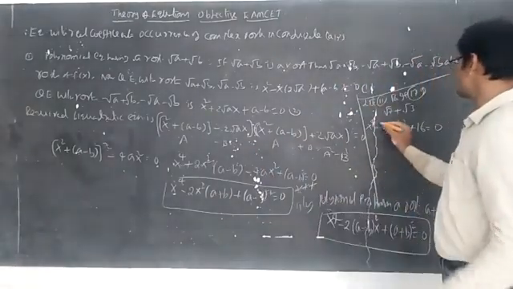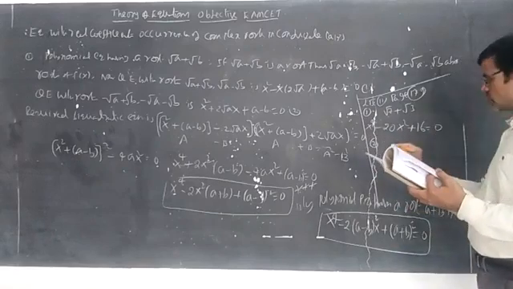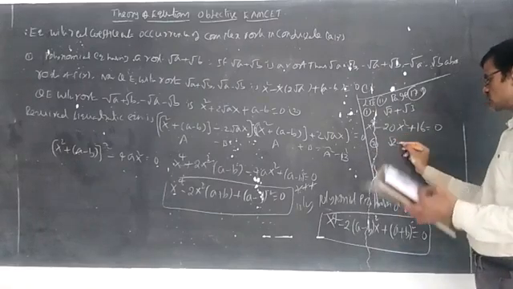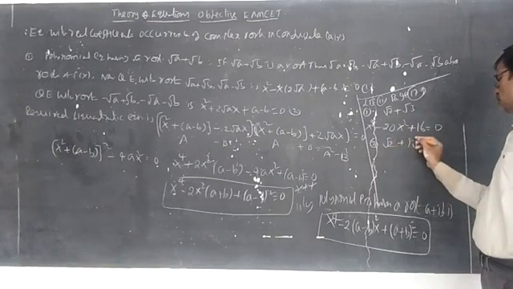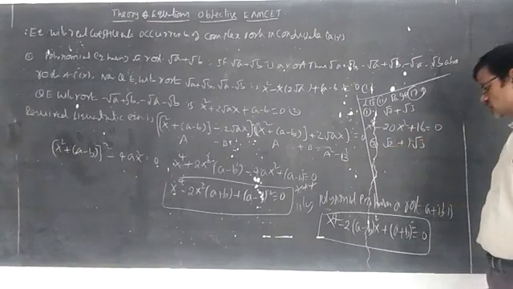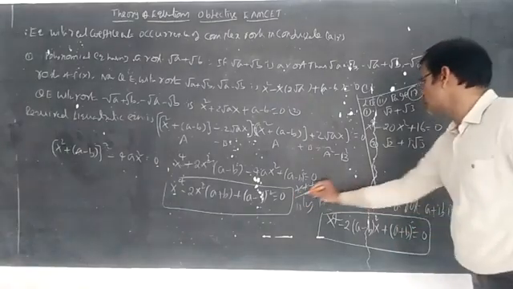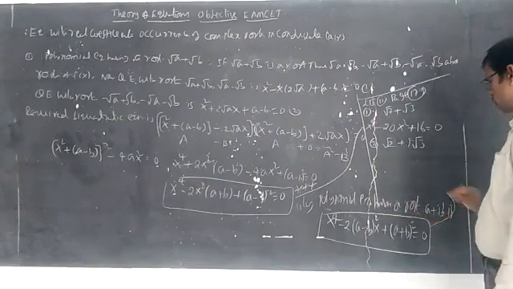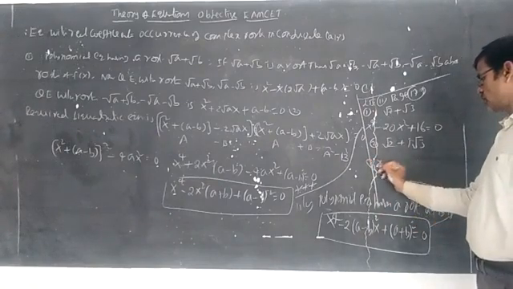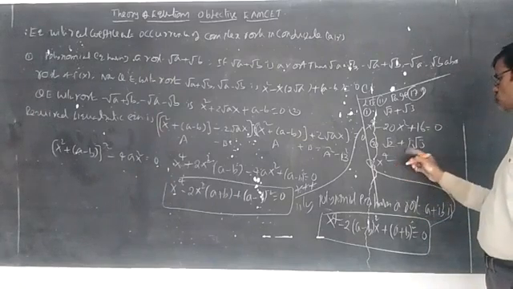Next, statement 2 is given as root 2 plus i root 3. So here a is equal to 2, b is equal to 3. Depending upon this formula, you can write x power 4 minus 2 into (a minus b), that means 2 minus 3.